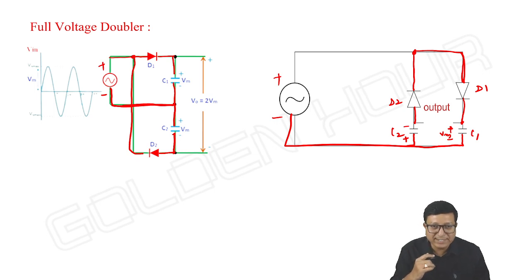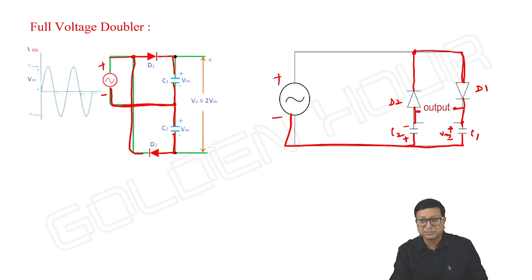Next, output is taken from the cathode of D1 to the anode of D2. So if you see, this voltage is Vm and this voltage is Vm. Vm plus Vm, total output is 2 Vm.